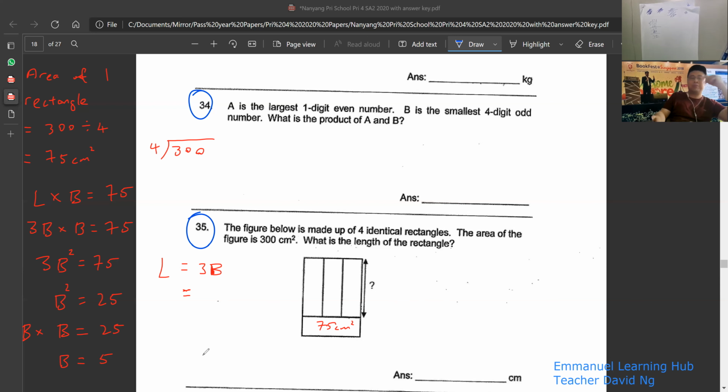3B means 3 times B. B is 5, right? So your length is how many?